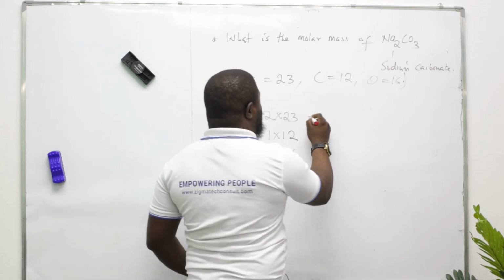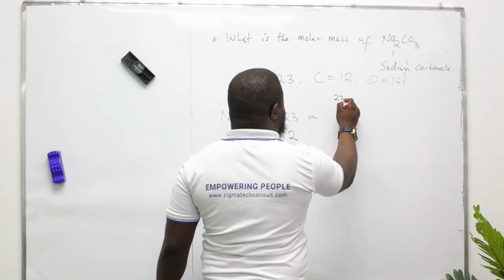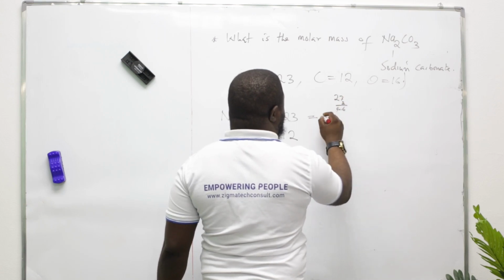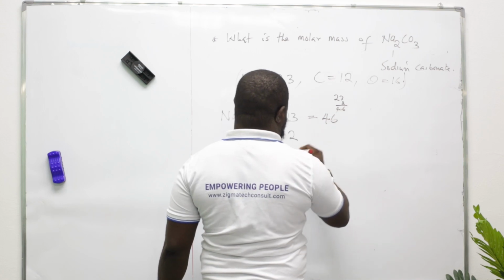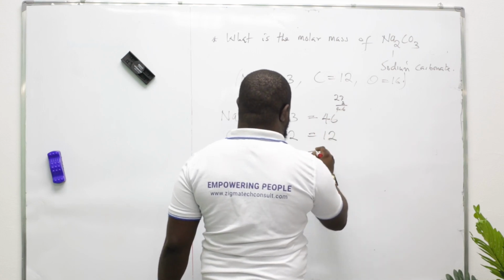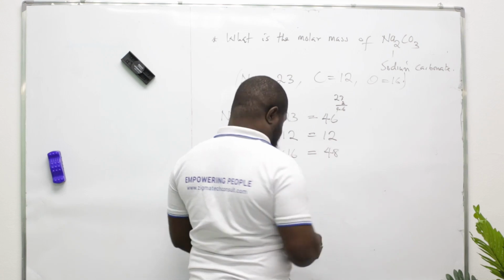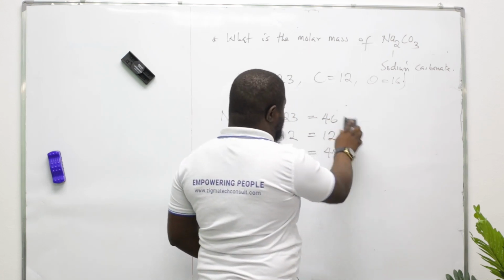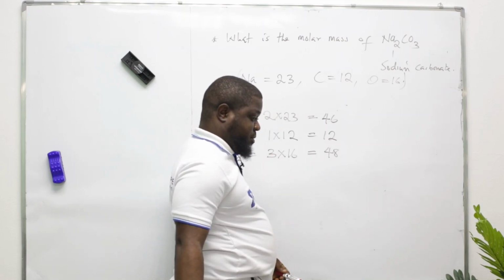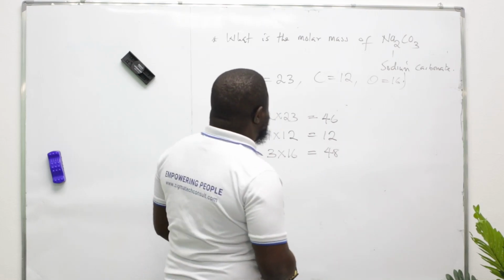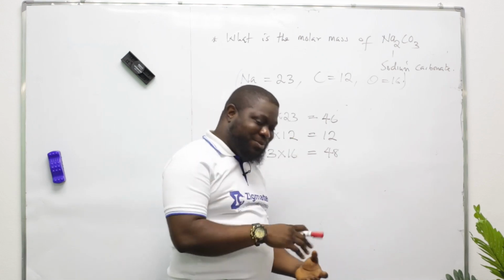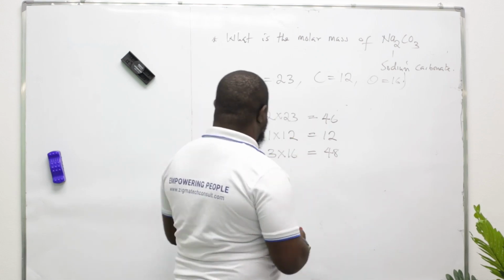So 2 times 23 is 46. This is 12, and this is 48. So now, they said it is the sum of the total masses in grams.